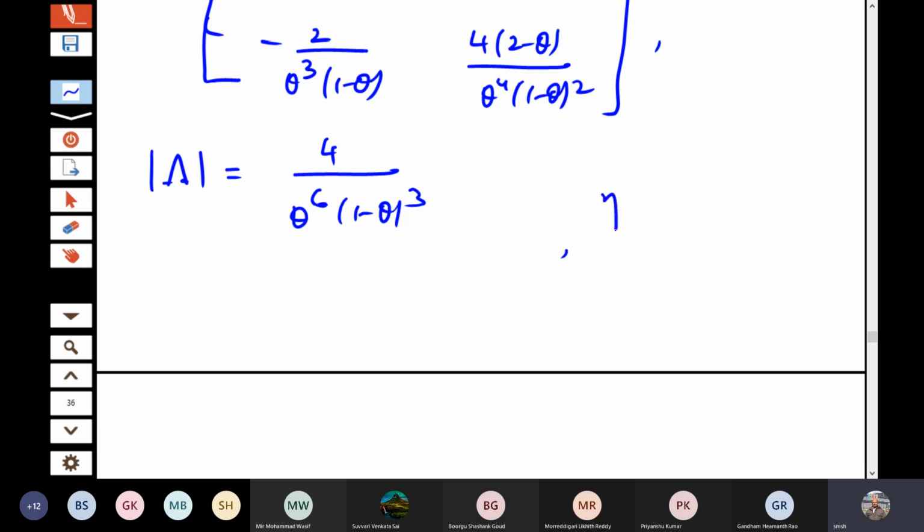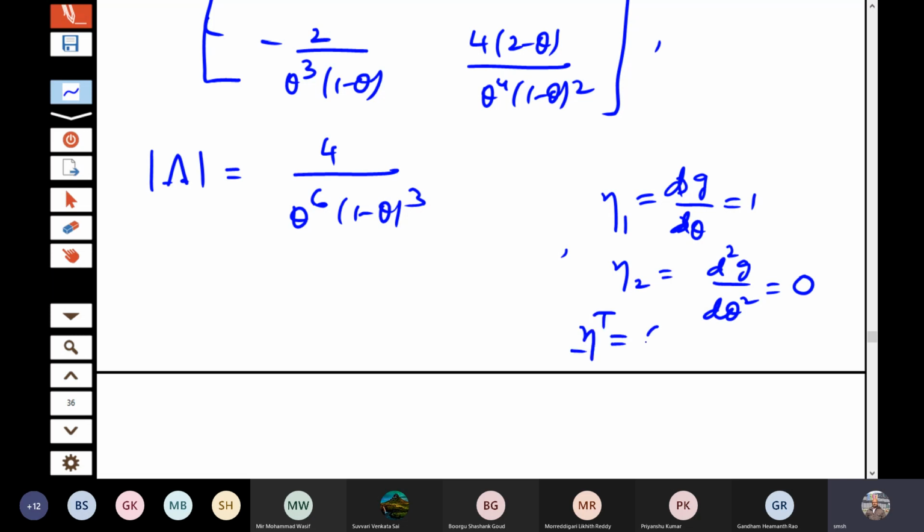Of course, I will need these terms also. Eta 1, that is del g by del theta, that is 1. And eta 2, that is d2g by d theta 2, that is 0, because the derivative of theta is 1. So the eta transpose vector is (1, 0). And now I need to write the lambda inverse matrix.